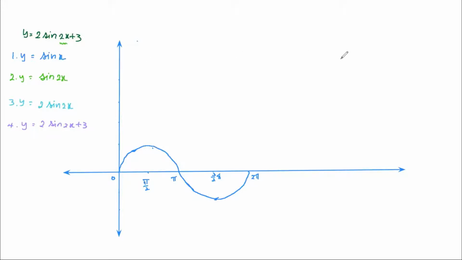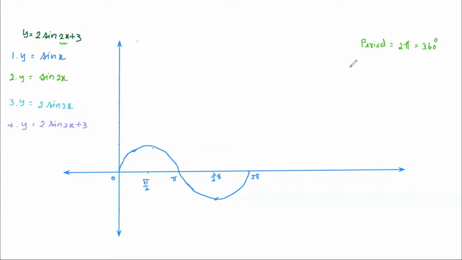Now we see that we have 2x. First we find out how many periods we have for this graph. We already know the formula for the period. Sine's one complete cycle is 2 pi, or 360 degrees.